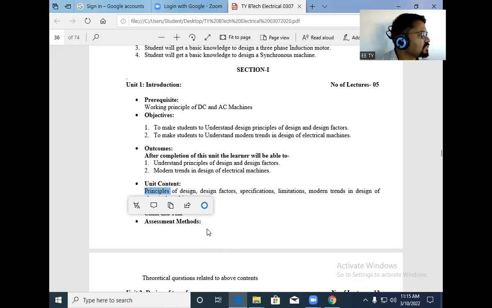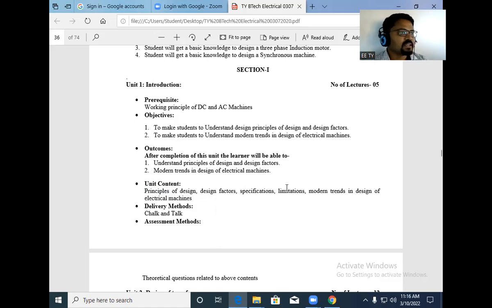Principles of design. Next, design factors. Next, specifications. Next, limitations.